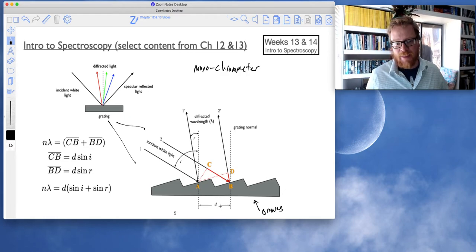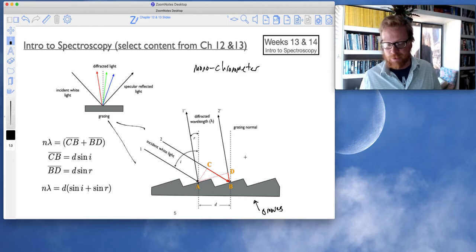Typically indicated by this distance d. So this distance d is giving me the center point of this groove to the center point of this groove, okay? Then I can create a diffraction pattern, all right?